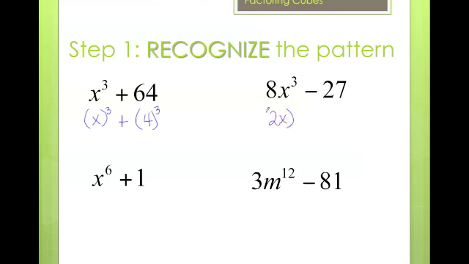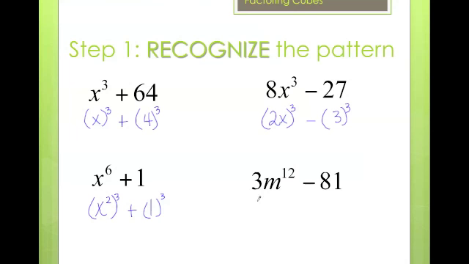The cube root of x cubed is just x. The cube root of 27 is 3. x squared cubed is x to the 6th, and the cube root of 1 is 1.